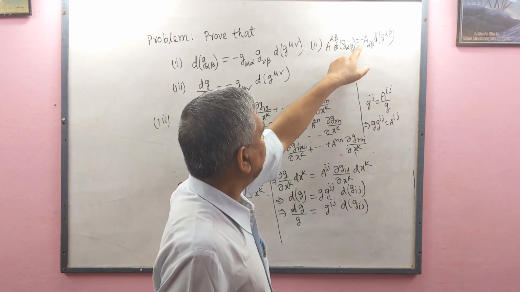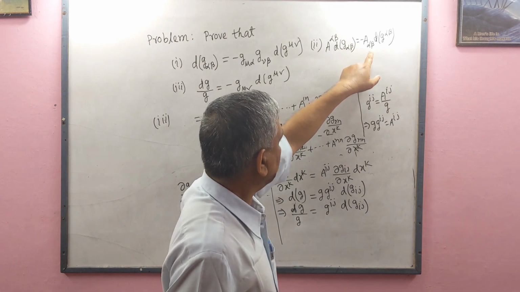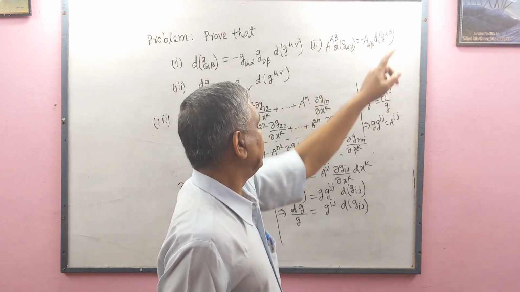So in right side we may write minus G covariant Gij into D contravariant Gij.